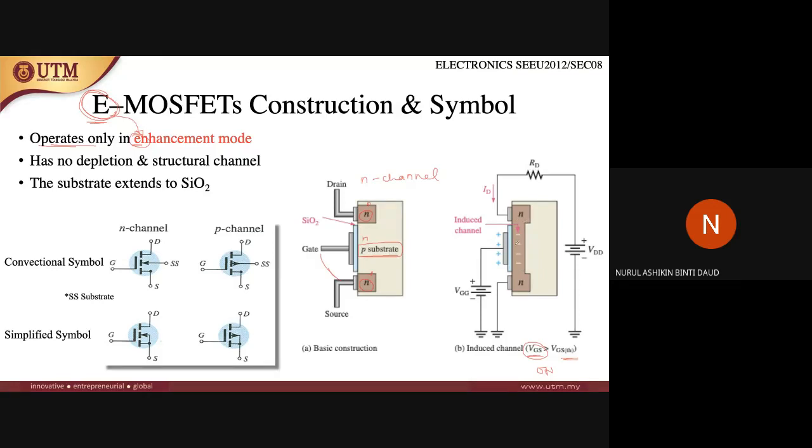This induced channel will form, and there will be electrons here. These electrons will be attracted to the positive source here, and there will be a current flow.